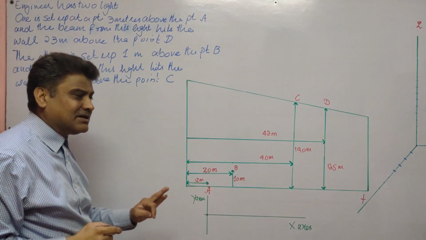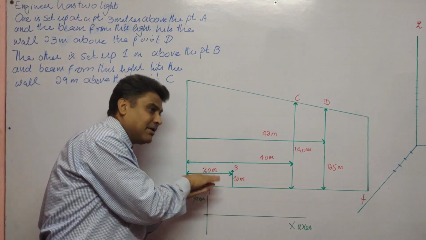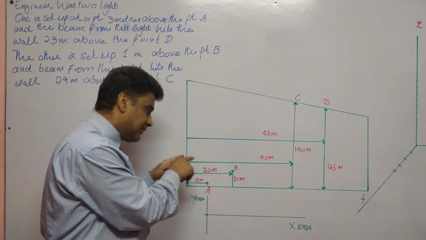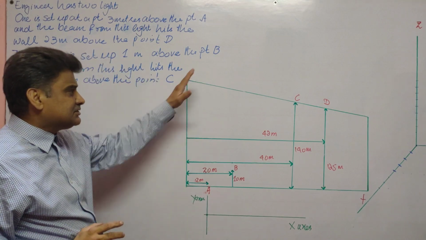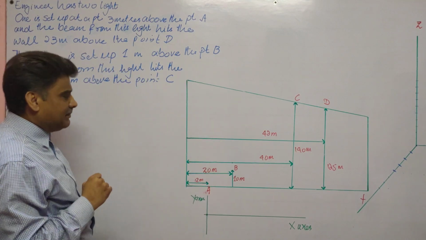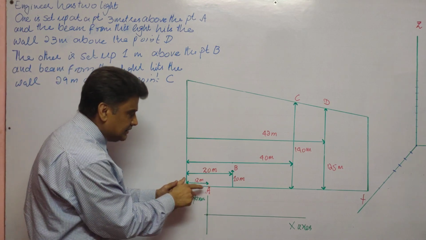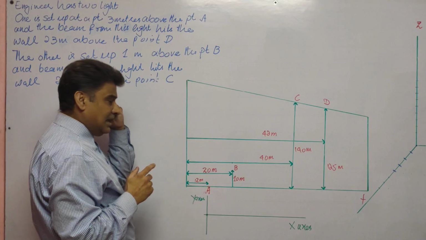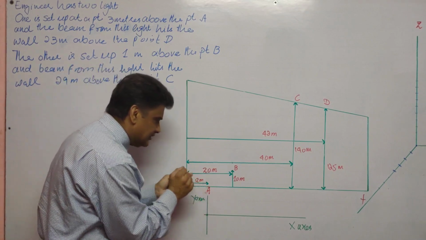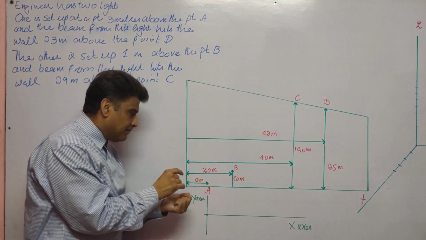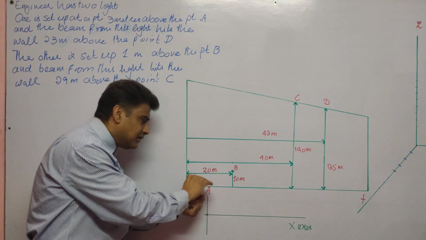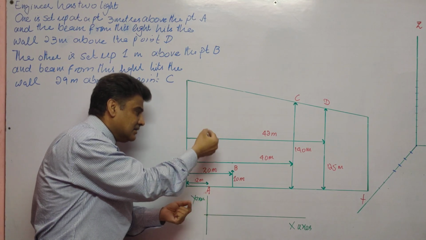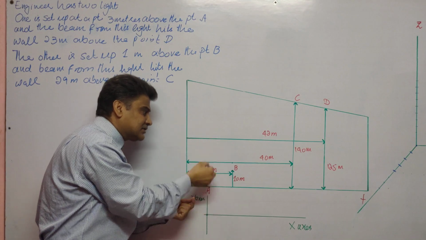Now, what are the coordinates of point A prime, which is 3 meters above the point A? In this example, we will take A as the origin. When we take A as the origin, the first light is set up 3 meters above this point, and A prime is the point where the first light is set up.